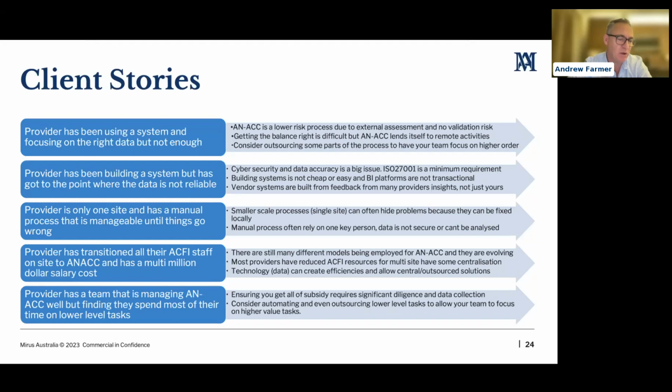So trying to manage this level of data more efficiently, through more efficient resourcing models, is what many people are starting to look at now. Again, technology helps and outsourcing can help. Another provider has a team managing AN-ACC but finds they spend most of their time on lower level tasks. A similar point: get your staff focusing on higher level things.